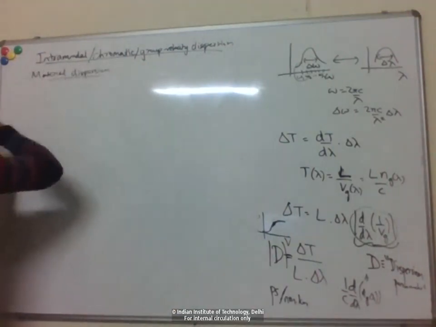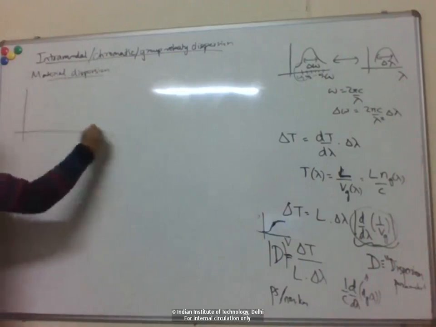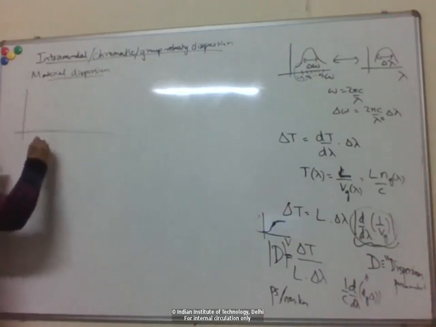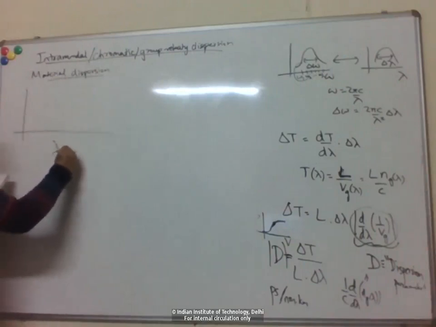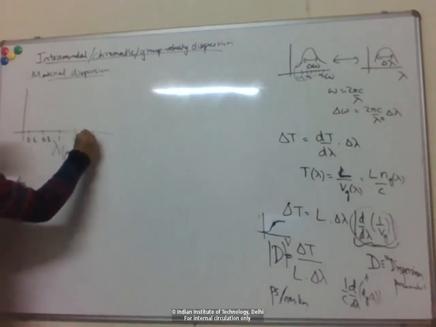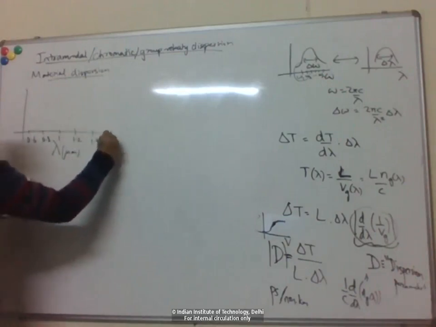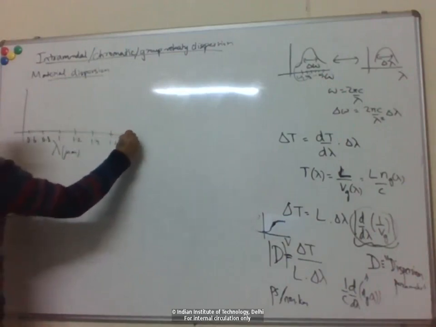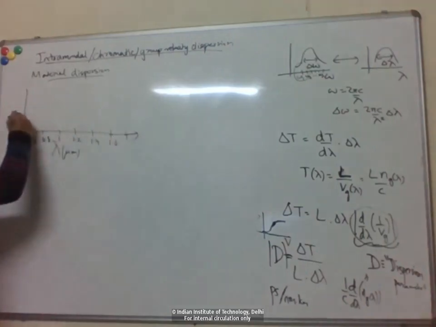Right, so if you look at the refractive index of silica as a function of wavelength, you know it's about 1.45, right?